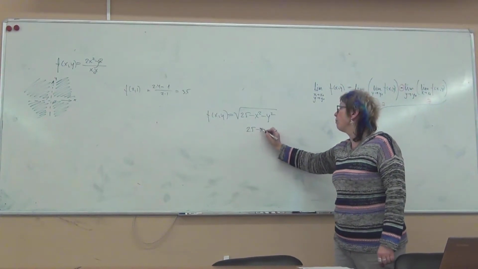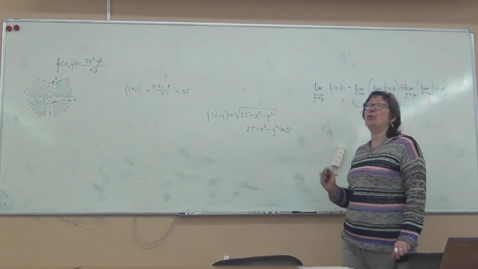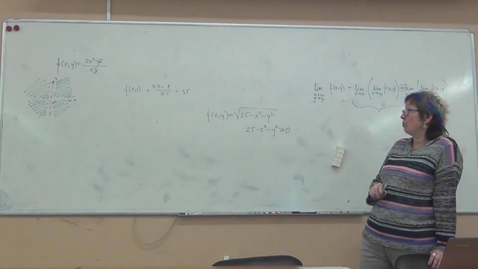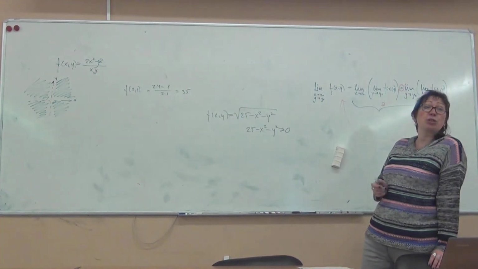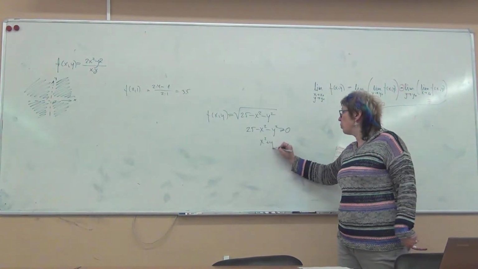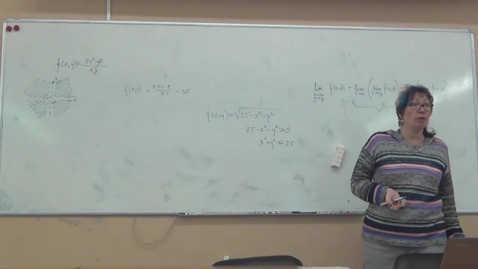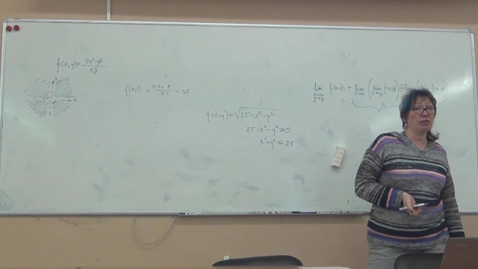So 25 minus x squared minus y squared must be equal to or greater than 0. Otherwise, the square root will not exist, which means x squared plus y squared has to be less than or equal to 25. What kind of inequality is that?